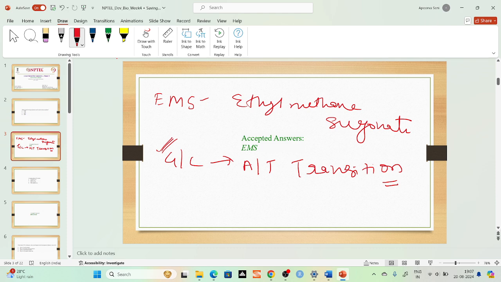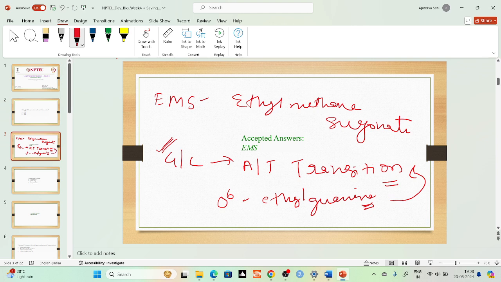Basically, EMS reacts with the ethyl group and forms an abnormal base known as O6 ethyl guanine, and this ultimately leads to GC to AT transition.